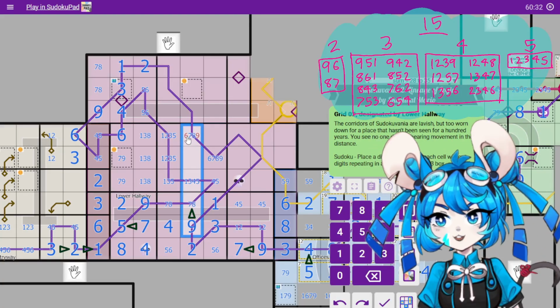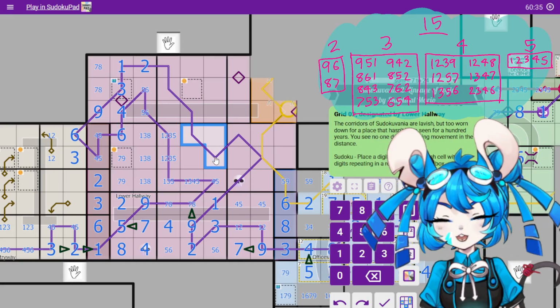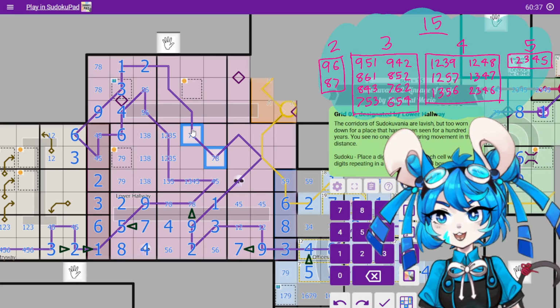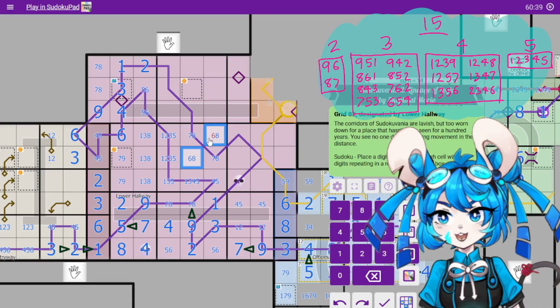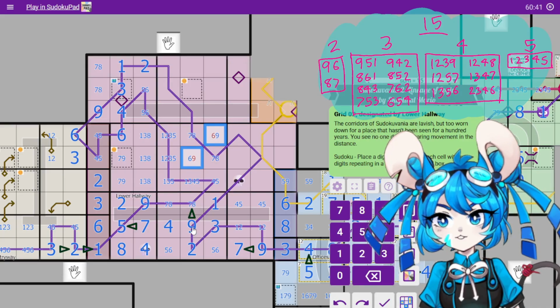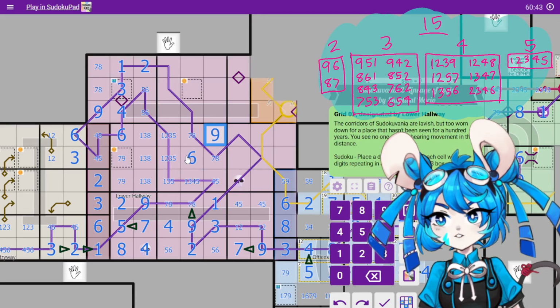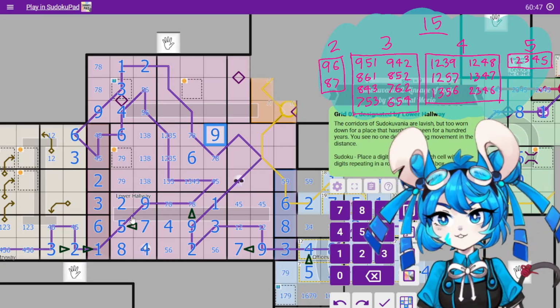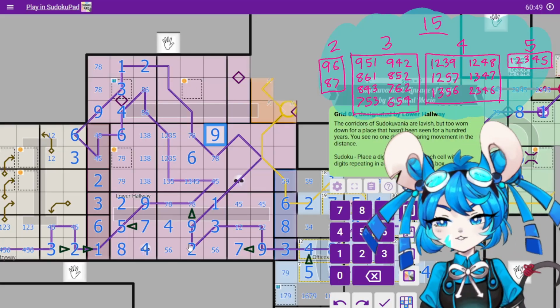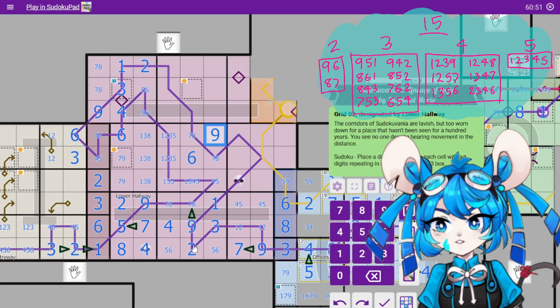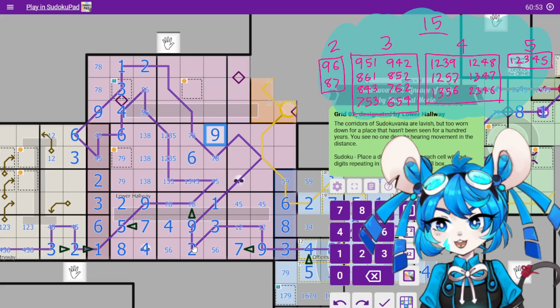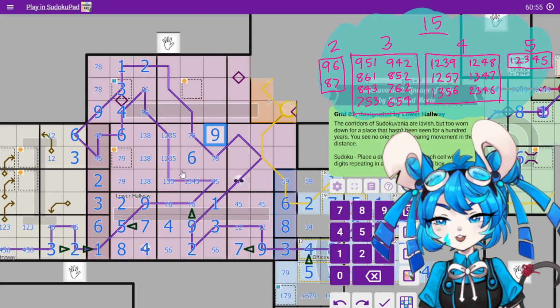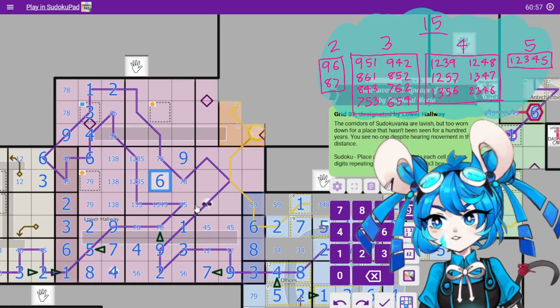In fact, because 6 and 9 are both seen here, these have to be 7 and 8, putting 6 and 9 here, in this order. Obviously, we're not going to unlock any more reveals in this grid, so we just have what we have to work with.